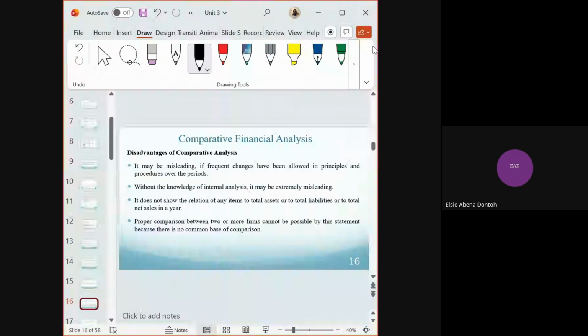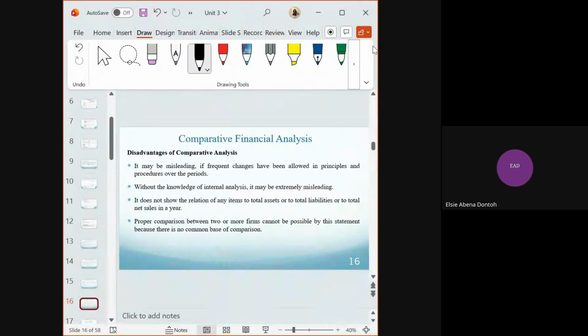So when you are doing comparative analysis, maybe for your own company, and let's say in 2020 the principles or the conventions you followed in preparing your financial statements are different from the ones you use in the subsequent years, it will make comparison very difficult, and it might be misleading because the changes can be as a result of the changes that were made in subsequent years.